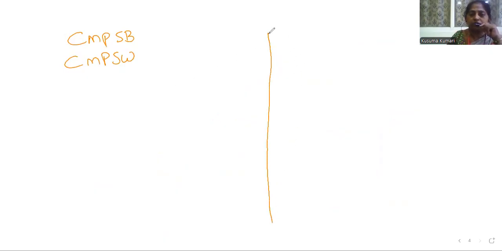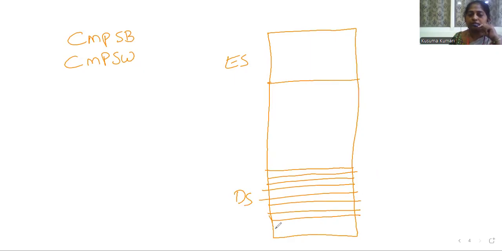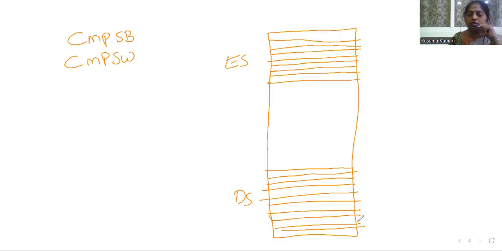For example, this is the total memory segmentation, data segment and extra segment. These are all the set of memory locations in the data segment, and similarly the extra segment memory locations. As I already told you, the segment base is available in the data segment register, and effective address is available in the source index.